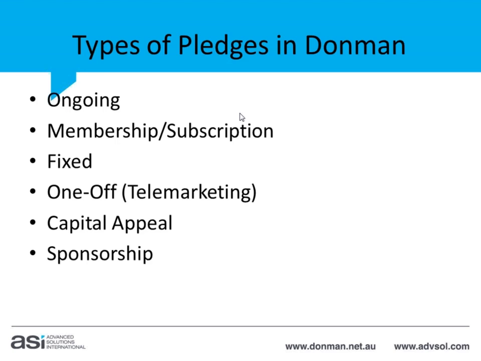Then we have memberships, which are a special form of pledges, usually annual, but they don't have to be, where there are just some extra aspects of an ongoing pledge, and I'll cover that in a little while. We have fixed pledges, and a fixed pledge is one where there's a fixed number of pledges. So it might be 6 pledges or 4 pledges, or a fixed amount of money, like $5,000 over 5 years.